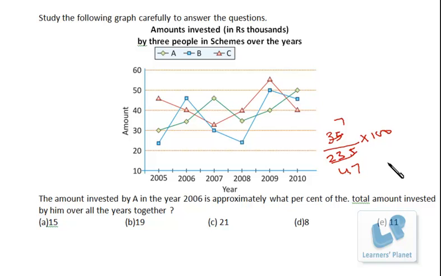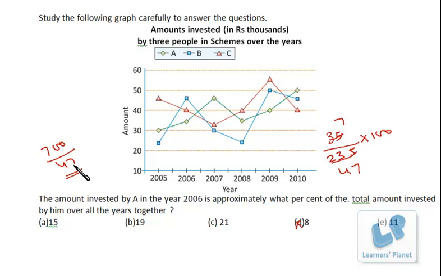Now this is 700 by 47. Now friends, we have to get the approximate answer. Now there are 2 ways, either you just divide it and get the actual answer or you just get an idea, right? See, 700 by 47, that means the value is definitely more than 10, right? So this is eliminated.